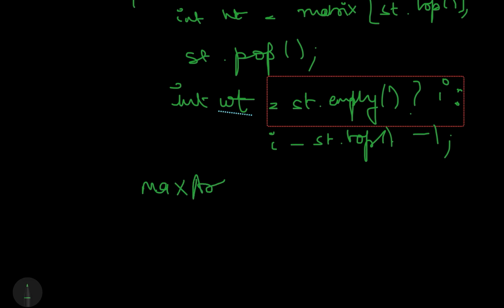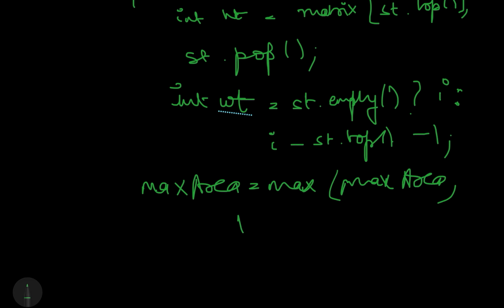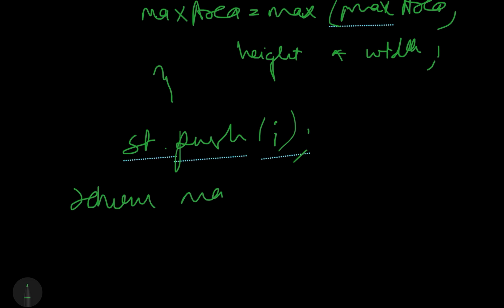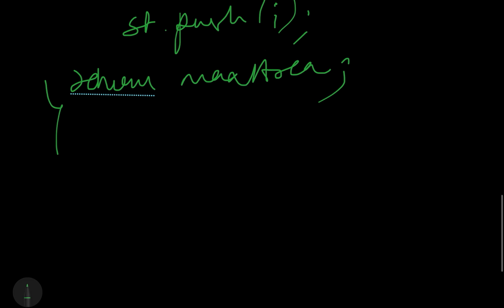Then at last our max area would be max of max area, height, width, and we'll push this i, and hence we'll return our max area. Okay, this is the function of the max area.